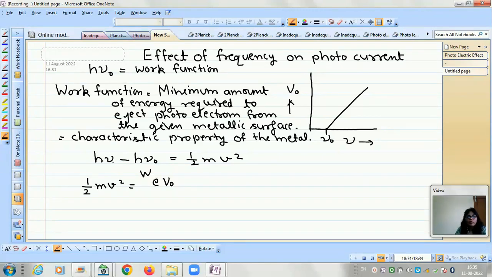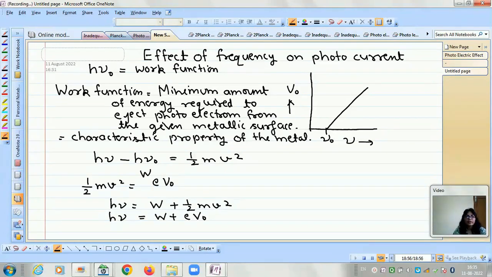So we can modify this equation as h nu is equal to W plus half mv square, and this can also be written as W plus eV naught. So h nu is equal to W plus eV naught. This is another way to write the equation.